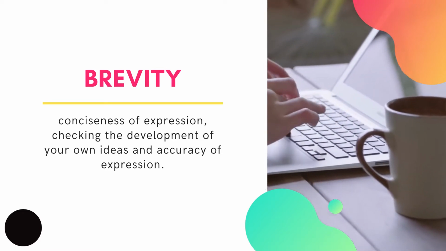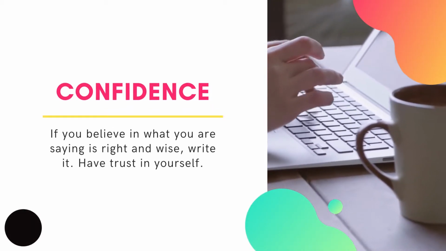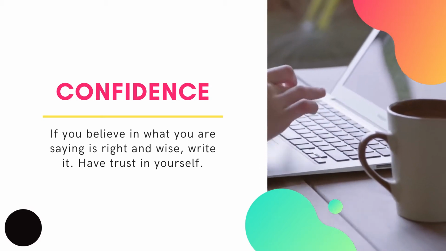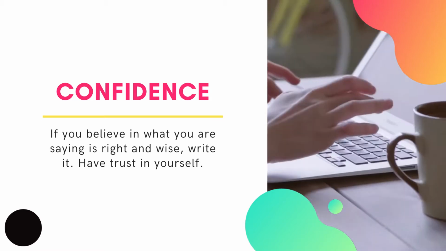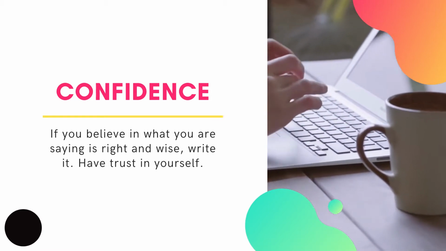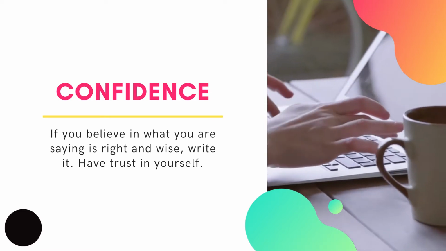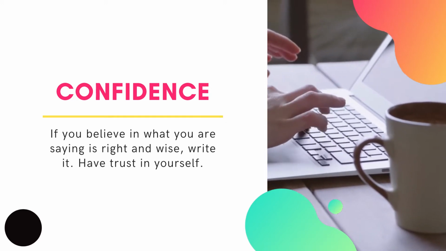Next one, we have C for confidence. Now, if you believe that what you are saying is right and wise, write it and have trust in yourself. So, what makes a person confident? It's like when you walk right past the crowd, you have to walk with confidence.